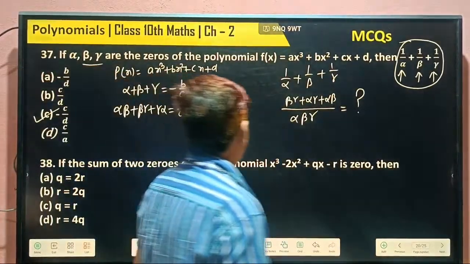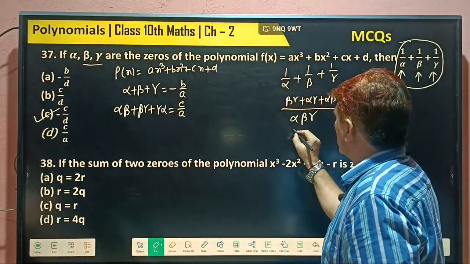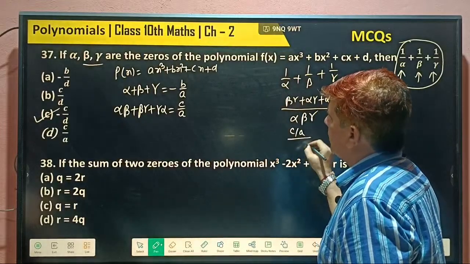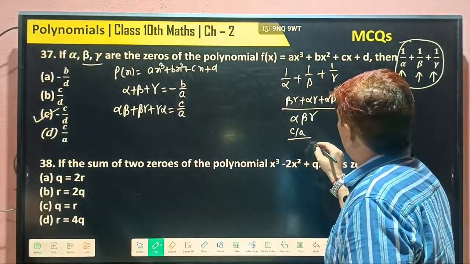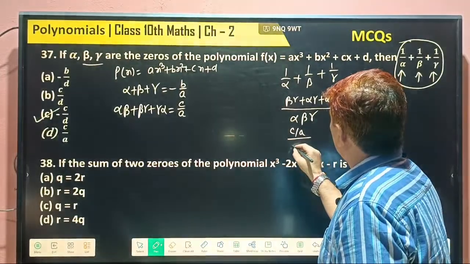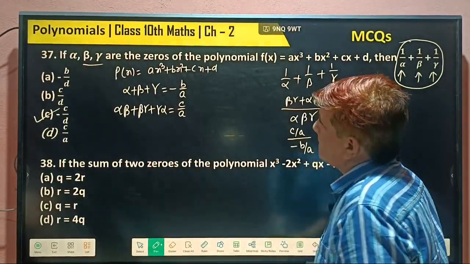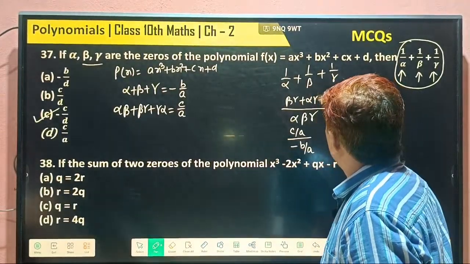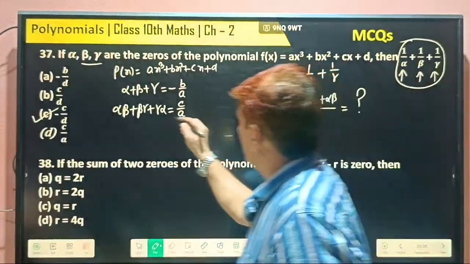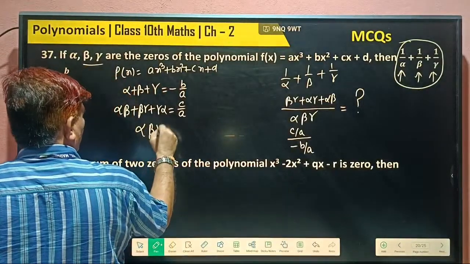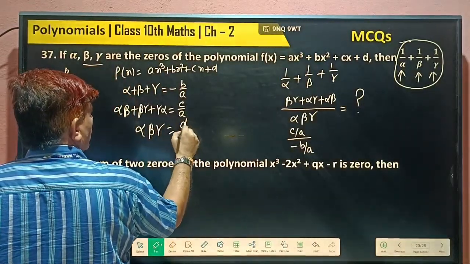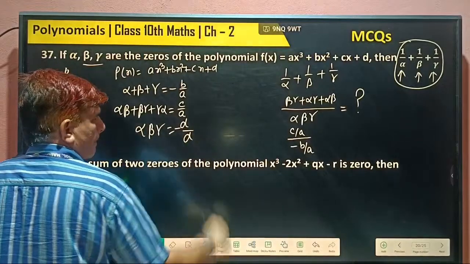So put this value: c by a divided by alpha beta gamma, which here is equal to minus d by a.